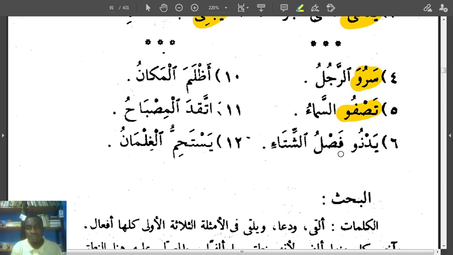And then we have yadnu faslu shita. Yadnu is our verb. Faslu shita is winter season. Fasl here bimana season. Fasl sometimes will mean class, the classroom.